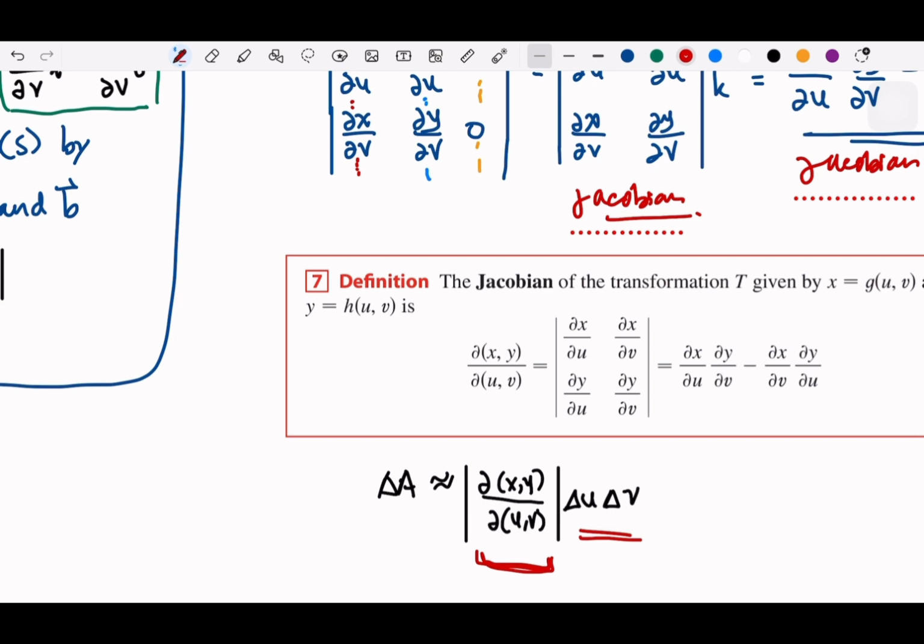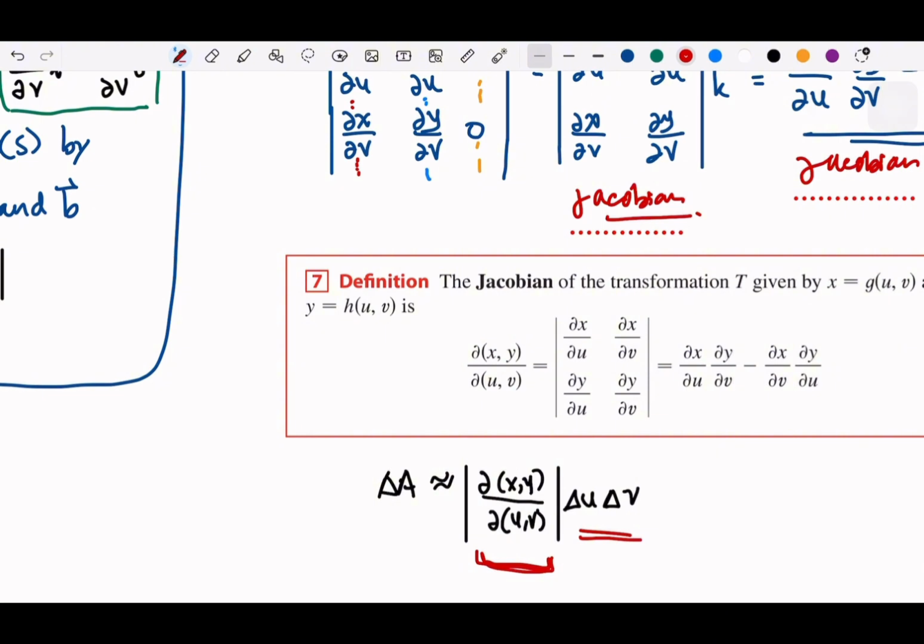So how do we make this happen and how do we compute it technically, in practice? Basically you have x equals something related to u and v, so x is a function of u and v, and you have y as a function of u and v.